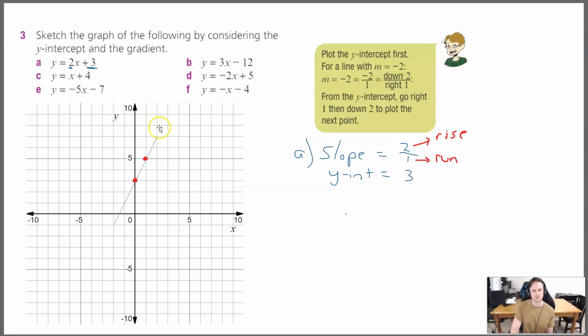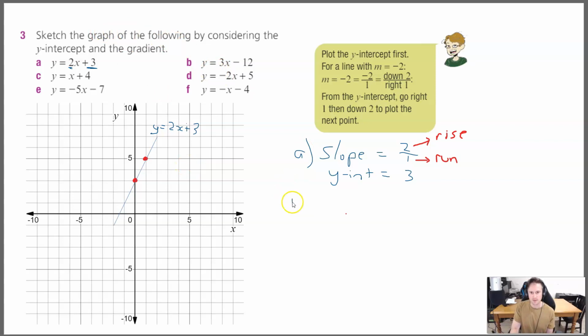You don't have to go too far beyond, just a little bit beyond those 2 points. And then you would usually write the equation of the line next to it, so I would write y equals 2x plus 3. When you have multiple lines going on, it can get a bit complicated, but that's okay.